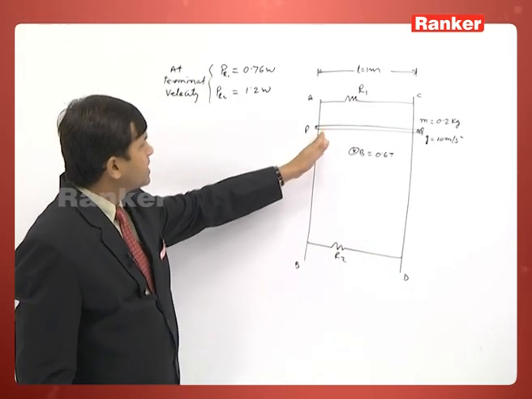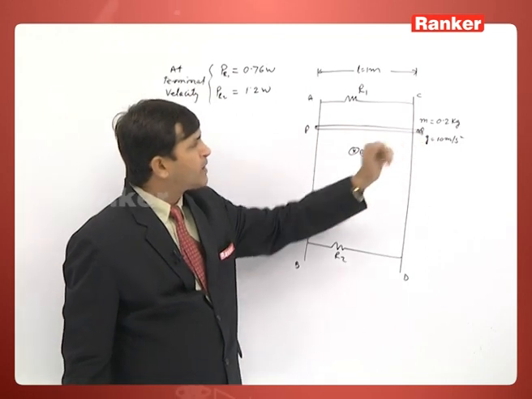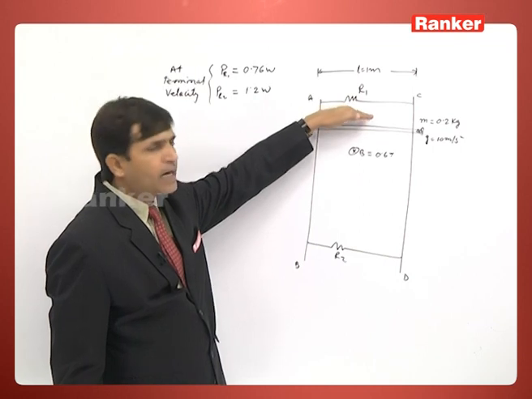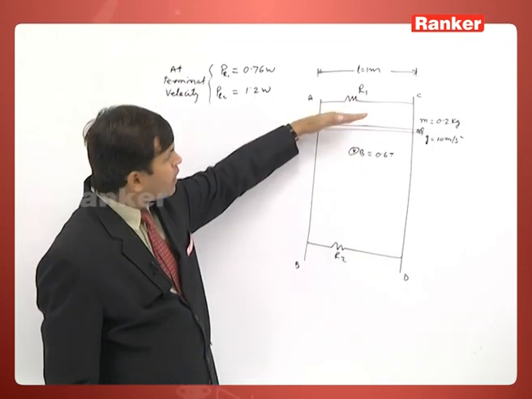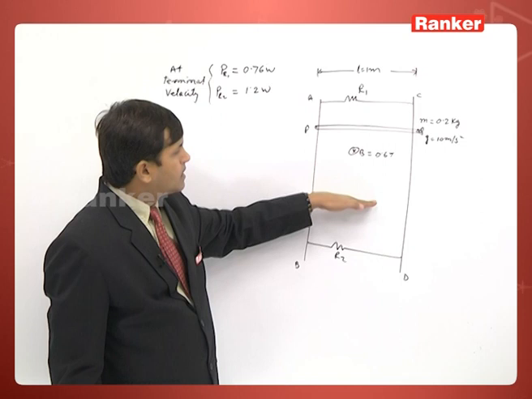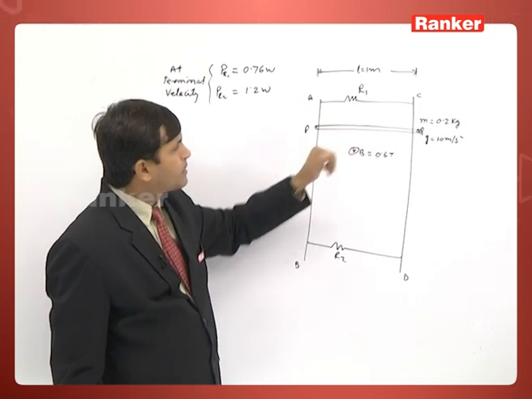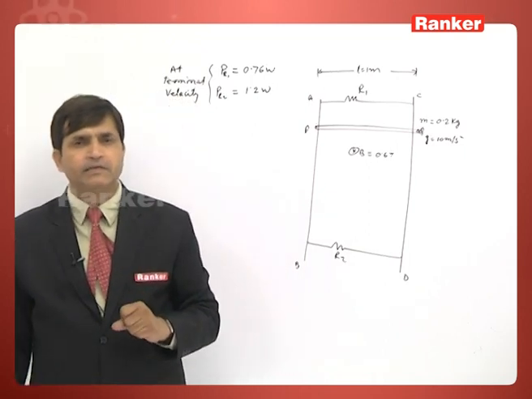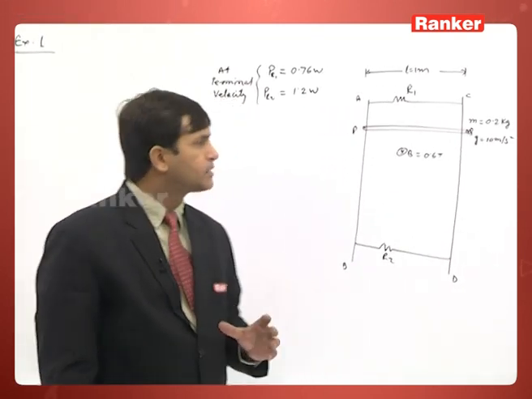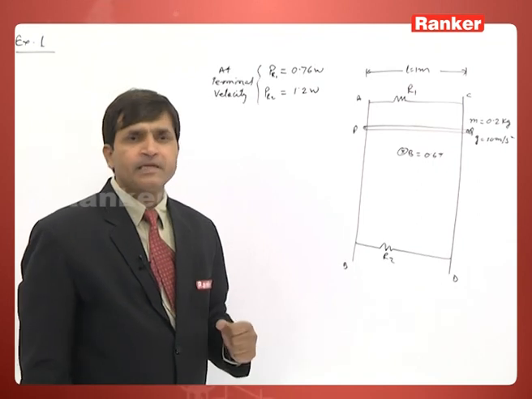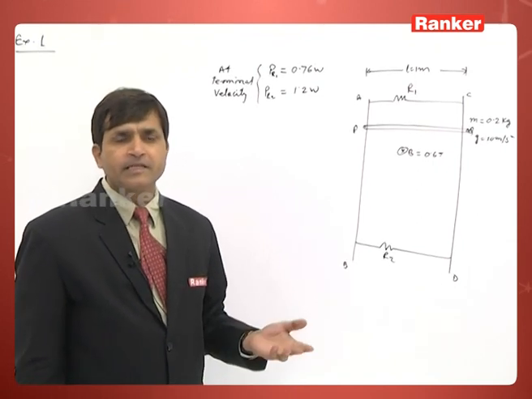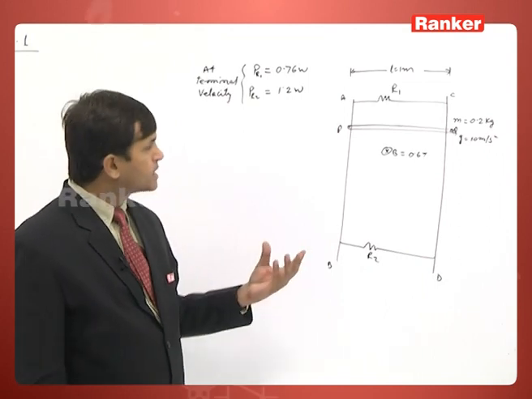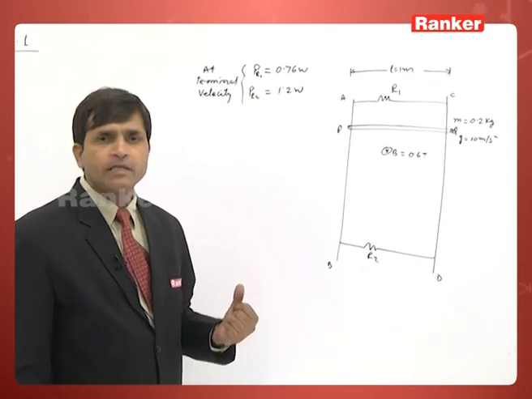The question is that a PQ conductor of mass 0.2 kg is released from rest under gravity, and now it is falling. When the PQ conductor attains a terminal velocity, we can say the final velocity, when the velocity is not changing further, it means the velocity is constant, or the net force on it will be 0.